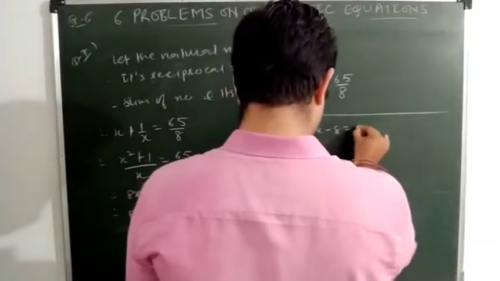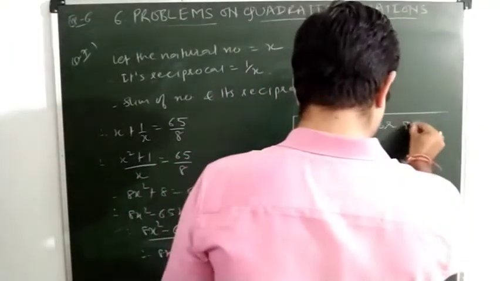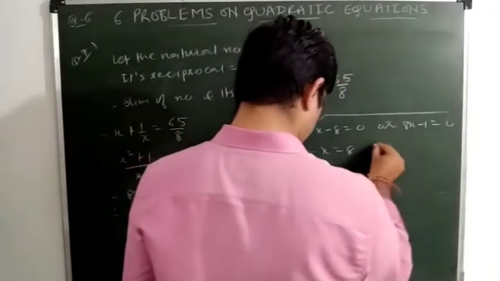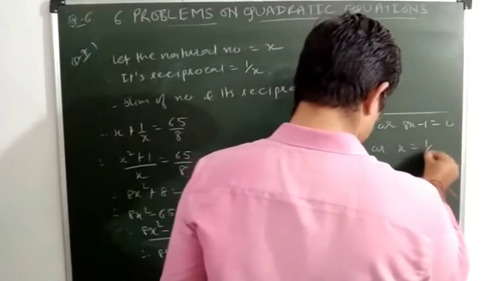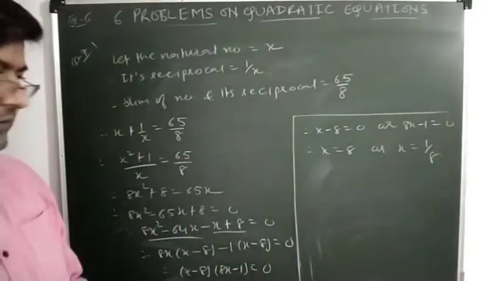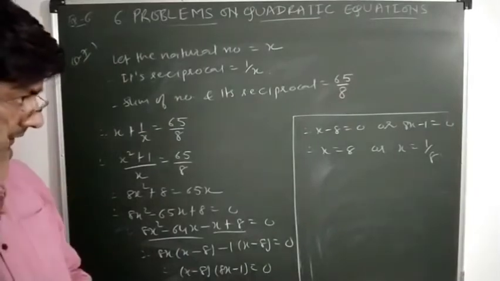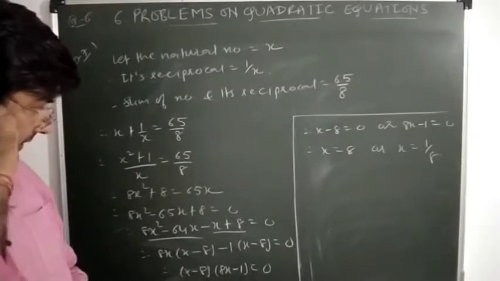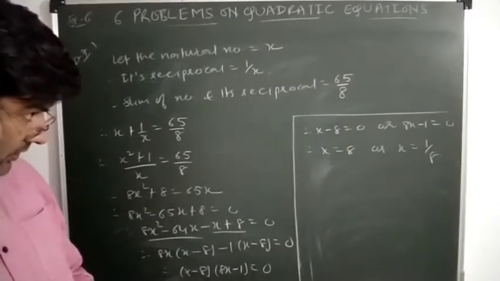Therefore x minus 8 equals 0, or 8x minus 1 equals 0. Therefore x is equal to 8, or x is equal to 1 upon 8, and therefore the number and its reciprocal are 8 and 1 upon 8. If you add them, you will get the answer to be 65 upon 8.